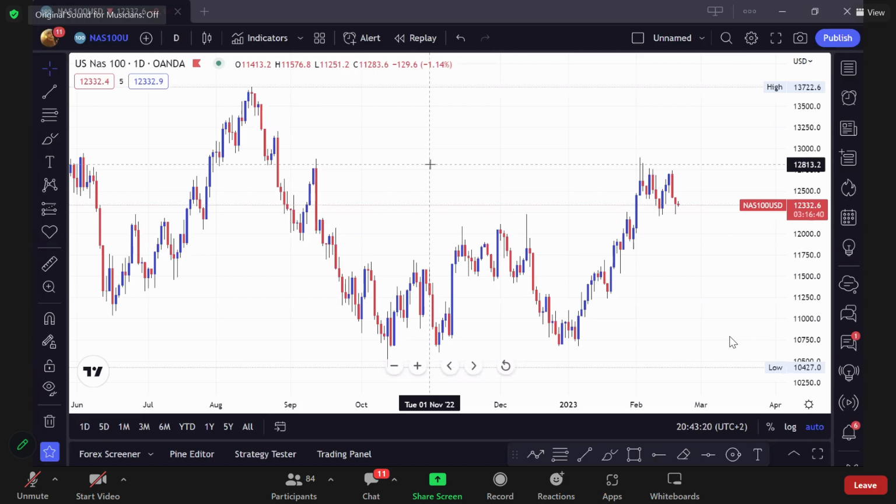In this case, you have a lower high and a lower low. So this is now a break of structure.